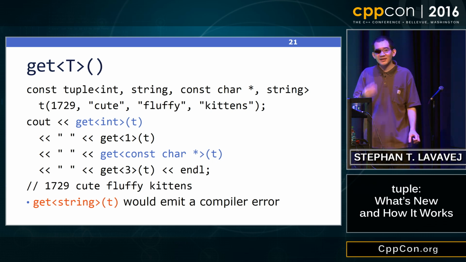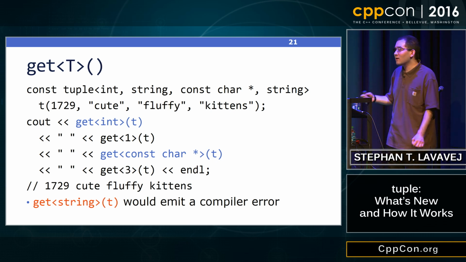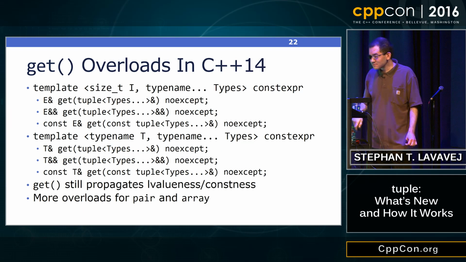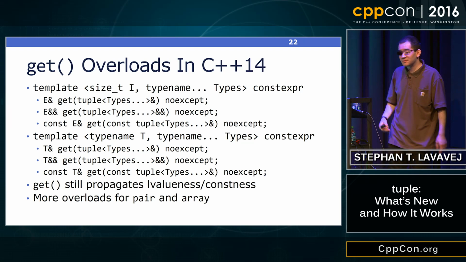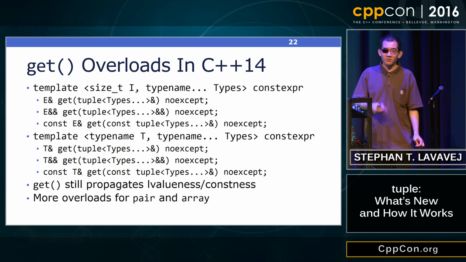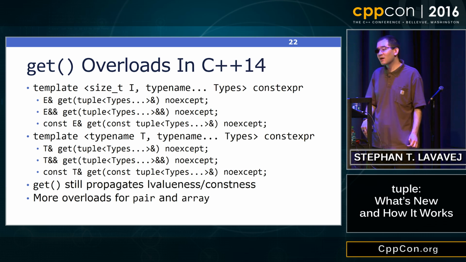So get by index is still the fundamental form, but in non-generic code, being able to say get a specific type is often quite convenient. So this has expanded the number of get overloads in C++14, but they're very systematic. Again, they're overloaded for lvalues versus rvalues versus const lvalue tuples. So it's still propagating lvalueness and constness.